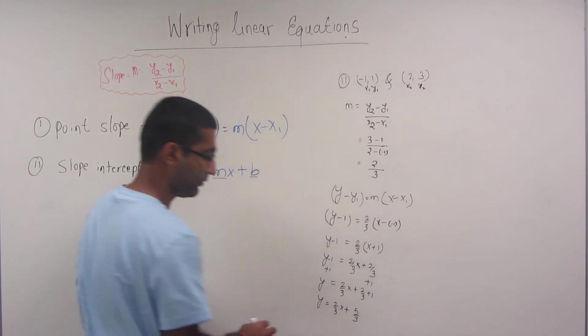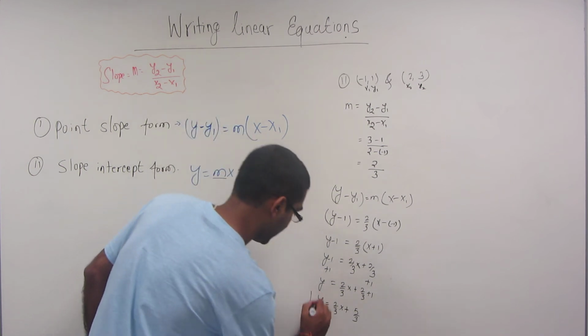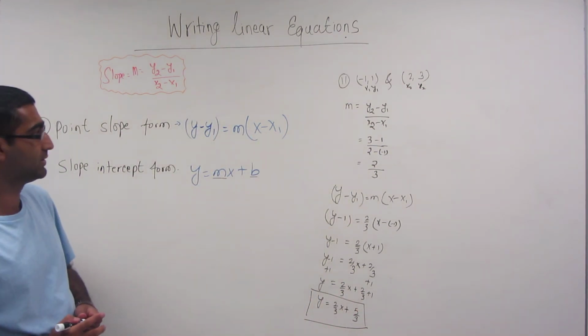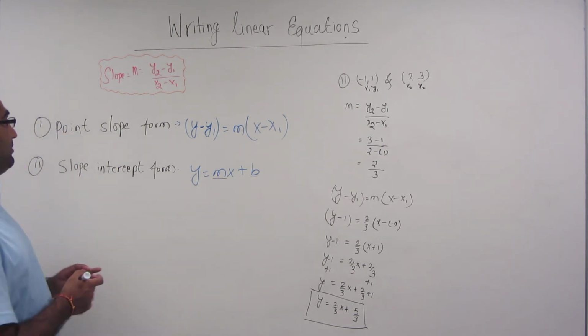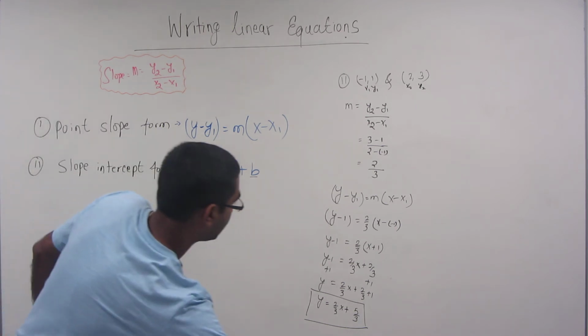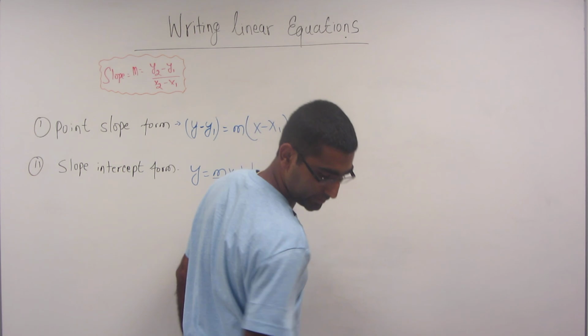Alright, so this is in the form y equals mx plus b. And this is our equation. I'm only doing the point slope form right now. Now let's do one more of this and we're going to move into the next one.